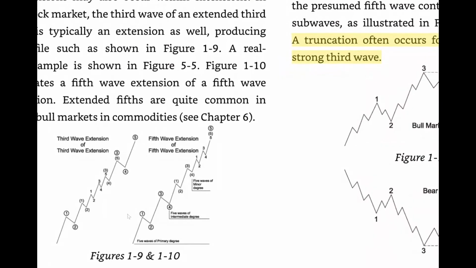There we go. Okay, so I'm referring to figures 1-9 and 1-10, specifically 1-10. It's showing you the fifth wave extension. Okay, and that's actually the common extension that you find in bull markets and commodities.